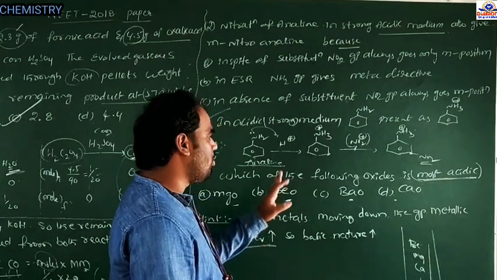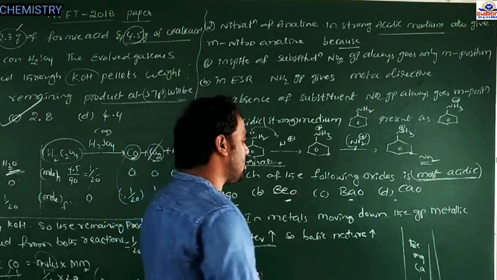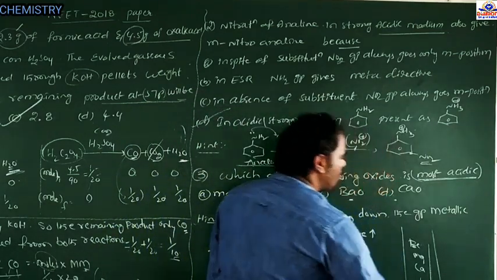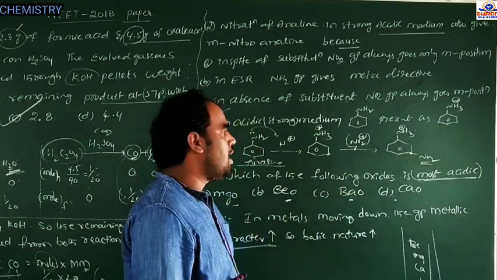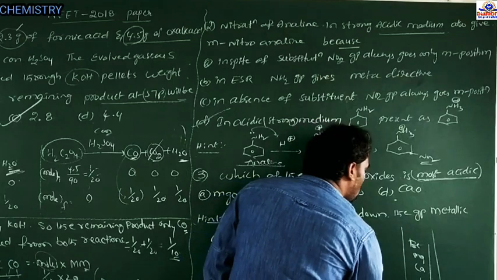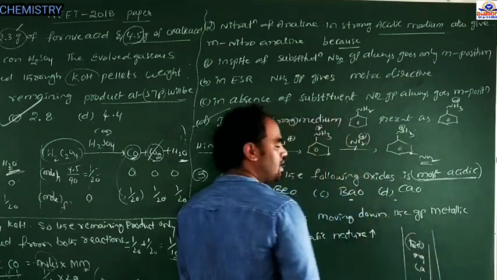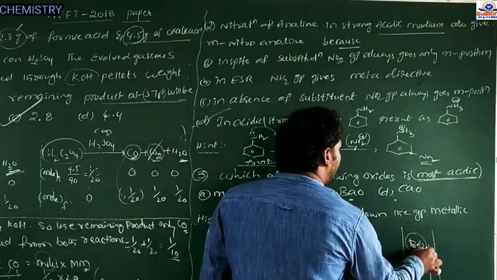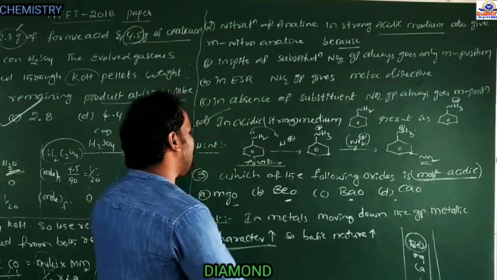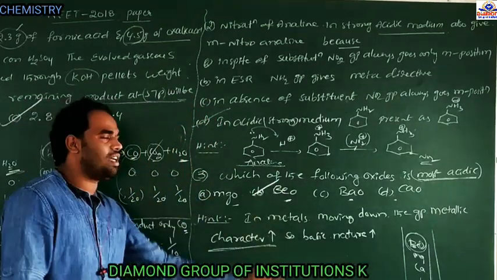So as metallic character increases, basic nature also increases, which means barium oxide is most basic in nature. But the question asks for most acidic. Most basic is barium oxide, so beryllium oxide is least basic. Therefore, it has more acidic character compared with the remaining. So beryllium oxide is most acidic in nature. Therefore, B is the answer.